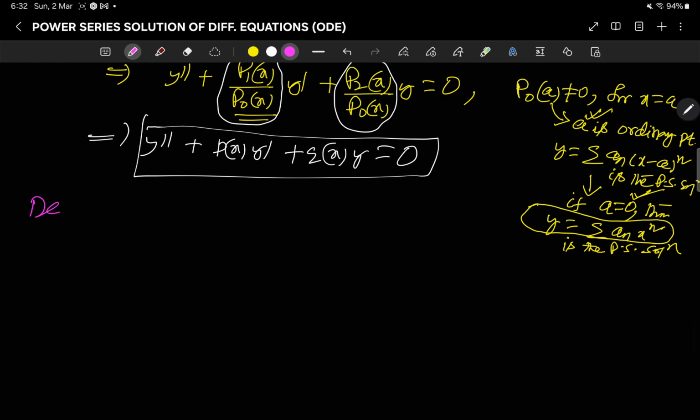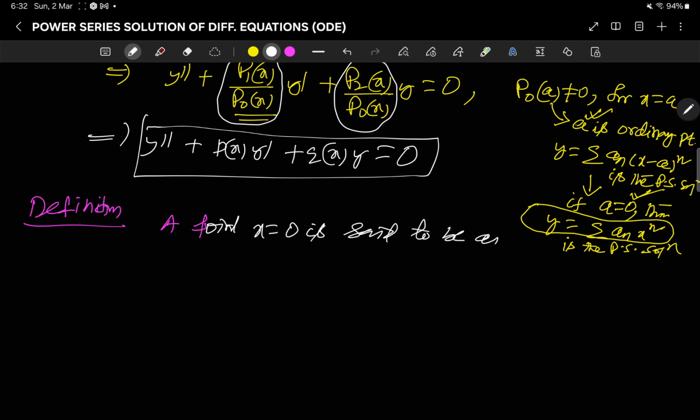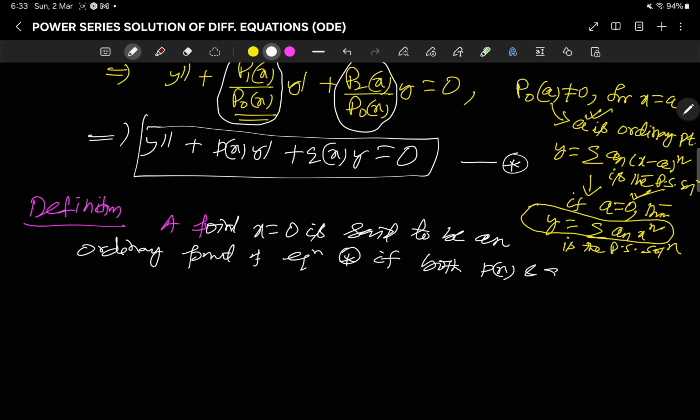Coming to a definition. A point x equals 0 is said to be an ordinary point of equation star, let it be my equation star, if both p(x) and q(x) are analytic.